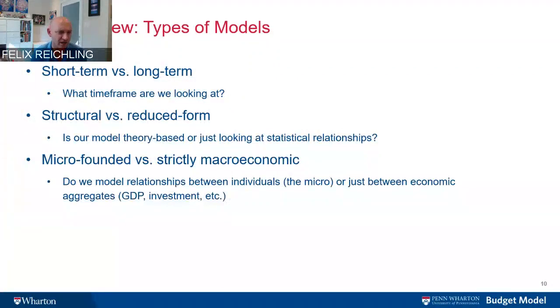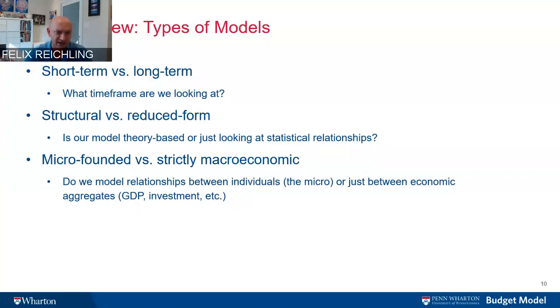Basically, the question is, do we use economic theory to write a model, or are we just looking at statistical relationships? Is it micro-founded? Do we look at the household level, the individuals, or are we just looking at macroeconomic aggregates like GDP or investment? These are all important choices.